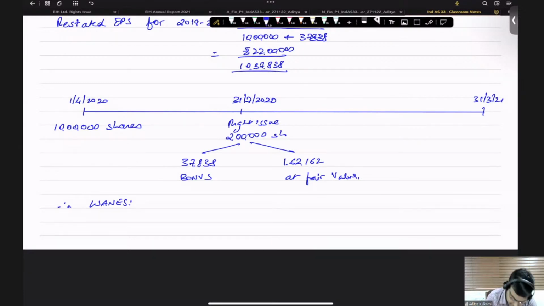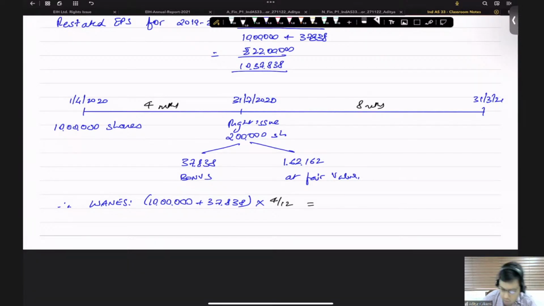Sir, how can you present? I can say that, see, you have to add the bonus for all the periods prior to bonus issue. So 10 lakh plus 37,838 into 4 months. This is a period of 4 months. So into 4 by 12. This is a period of 8 months. So this is what I have done right now.